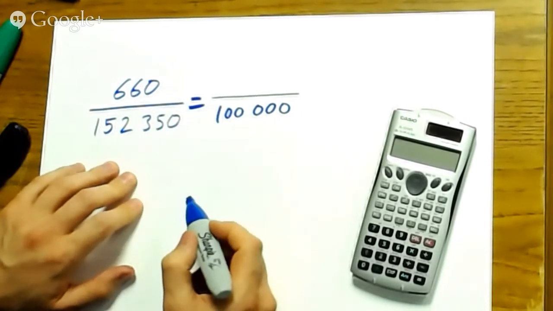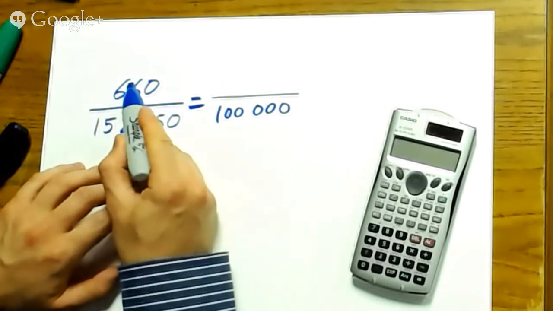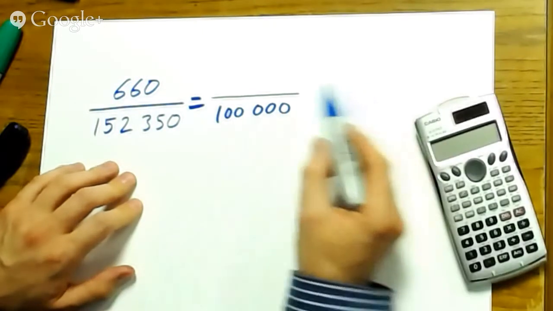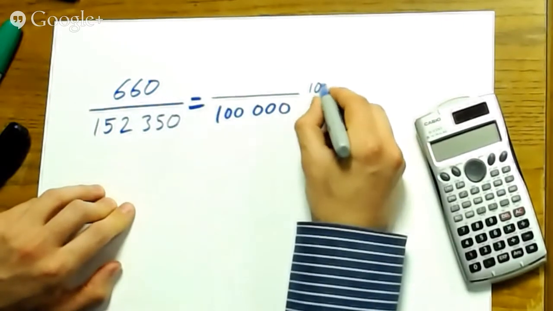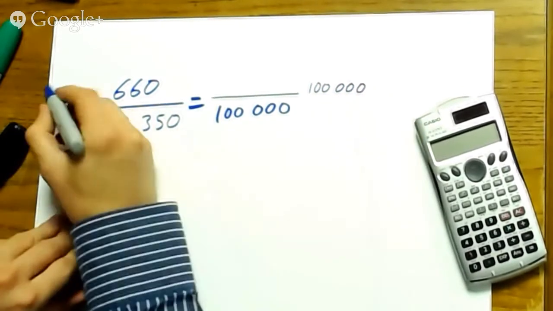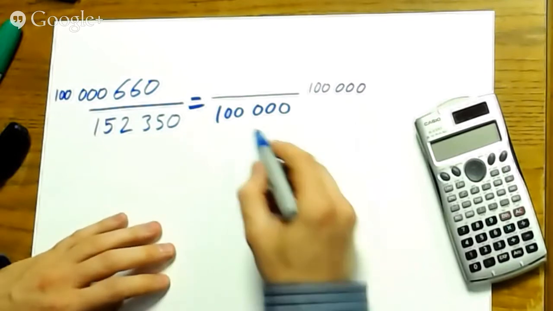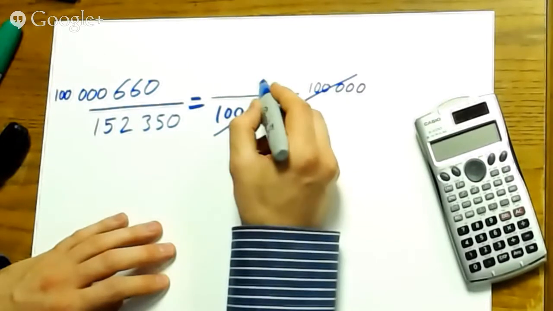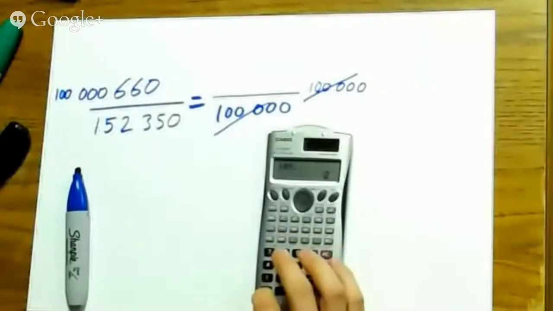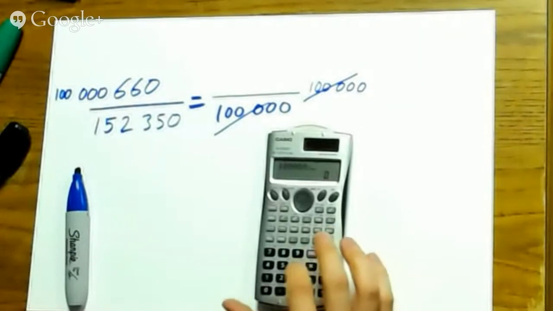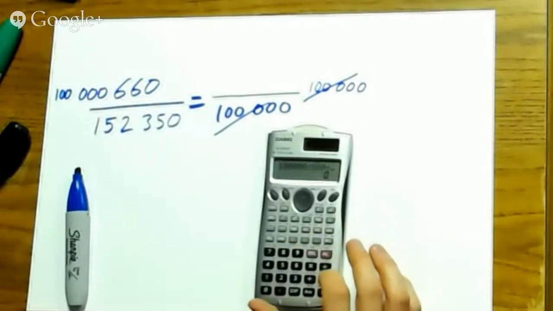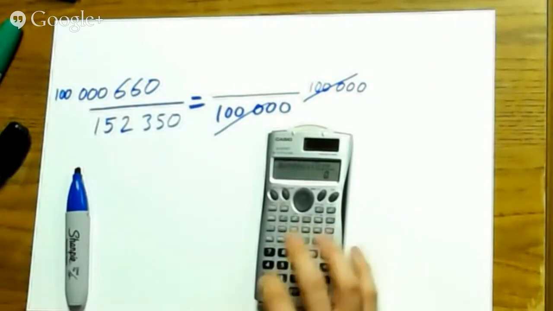So 660, if we multiply both sides by 100,000, and these two cancel, we'll have just our number that we want over here. So we can use our calculator: 100,000 times 660, divide by 152,350.